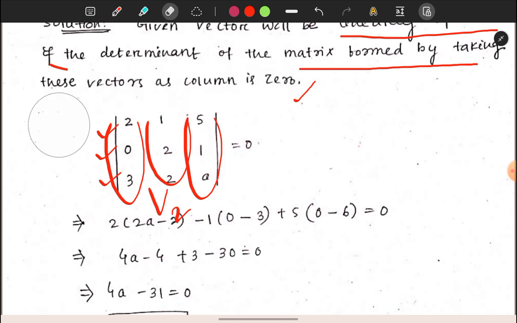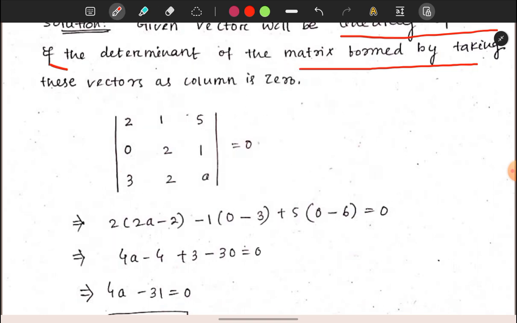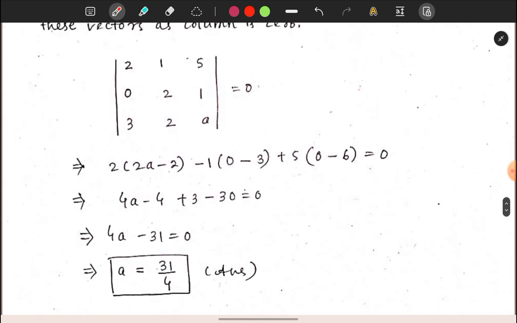So now we are solving the determinant, and that is equal to 0, right? Let us see how to solve the determinant. Taking 2, we get 2 into 2a minus 2, right?